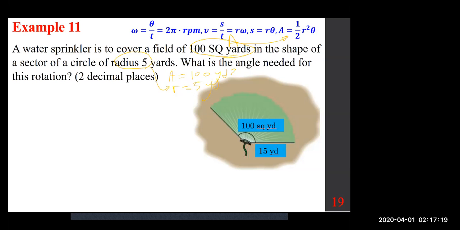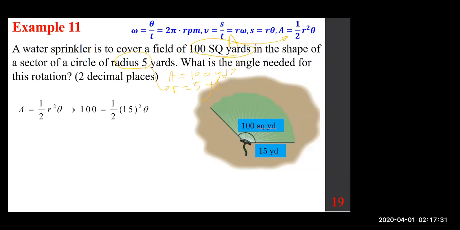We have those two. And we have the formula 1/2 r squared theta. We replace the A with 100, we replace the R with 5, and we find the theta. Theta is 8 over 9 radians.